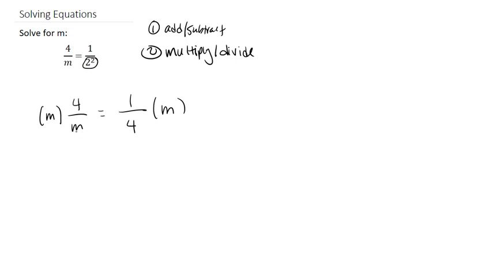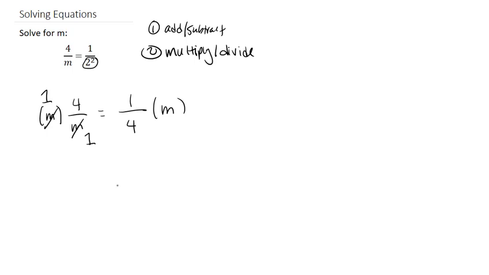When we multiply by m, this just becomes 1, because anything we have over itself is just equal to 1. So m divided by m is really just 1, no matter what it is. And then we put the m on the right-hand side. So we took care of it that way.